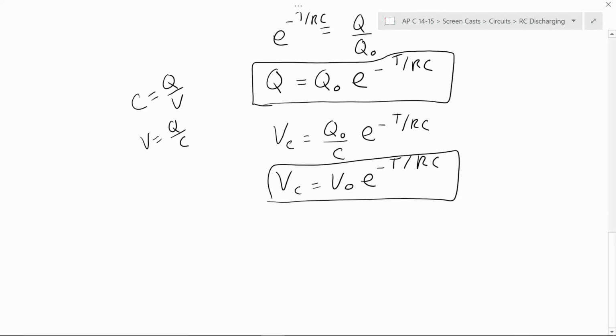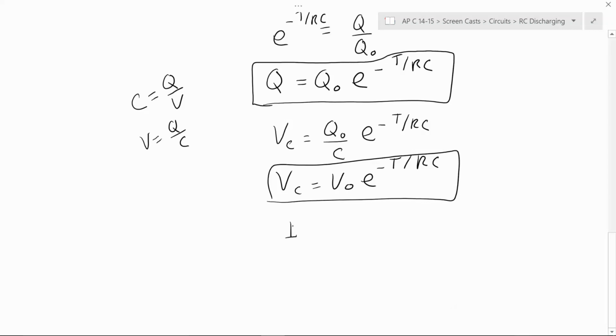So we have the charge in the capacitor, the voltage across the capacitor. Now current, unlike for the charging capacitor, here the voltage across the capacitor and the resistor are exactly the same. For the charging, it was the voltage of the capacitor plus the voltage of the resistor equal the battery. Here there's no battery, they're in parallel. It's exactly the same voltage.